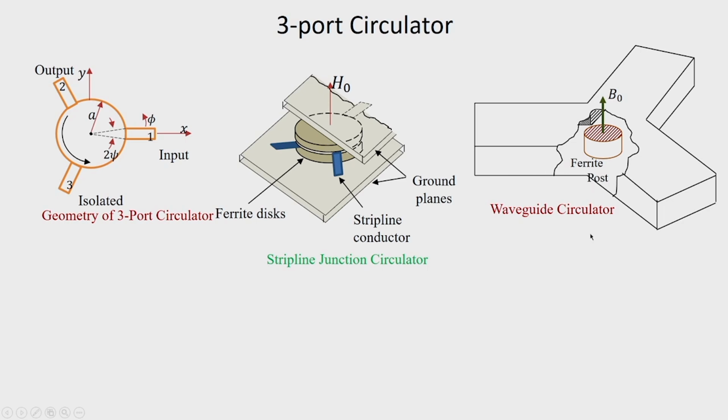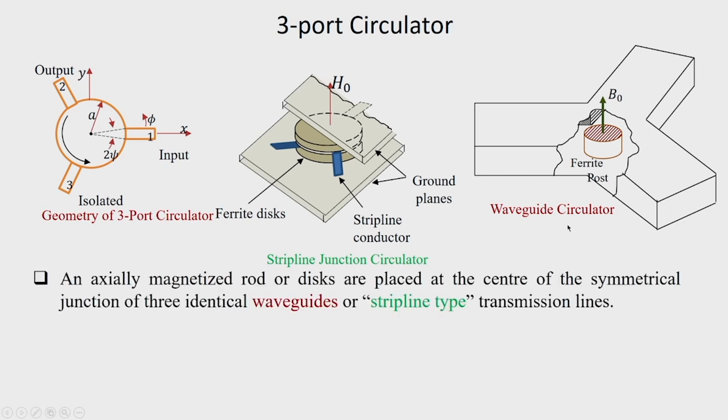Similarly, in case of a waveguide circulator, we have a ferrite post. Once again, an axially magnetized rod or disc is placed at the center of the symmetrical junction of 3 identical waveguide or strip line type transmission lines as shown in the figure.